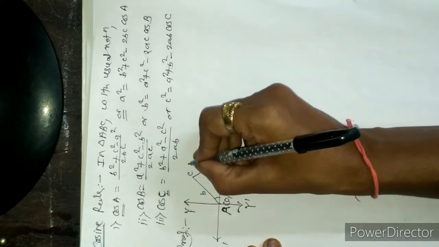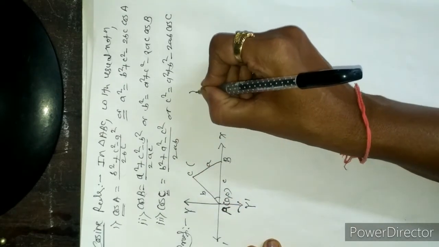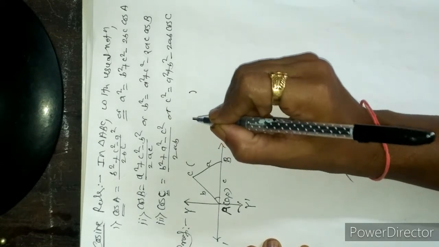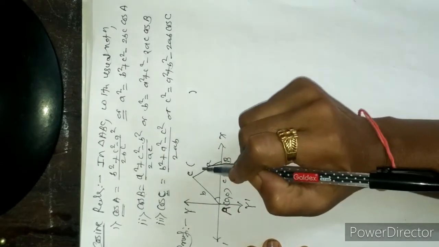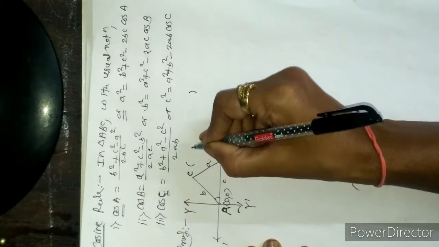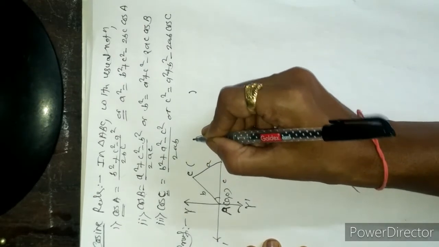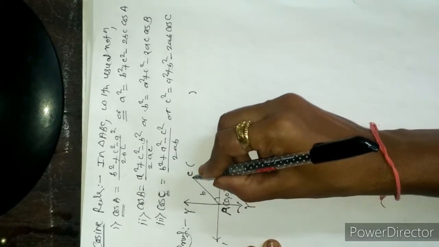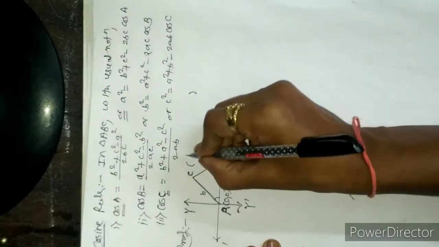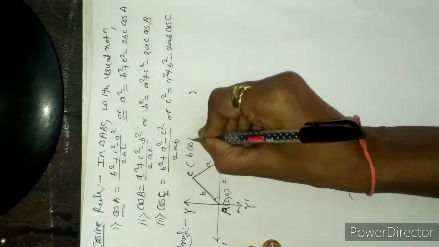Now with the help of polar and Cartesian systems, we take the point C which lies in the first quadrant. Its x coordinate can be defined in polar form as x is equal to r cos theta, where r is the distance of the point from the origin, that is B, and cosine of its interior angle.